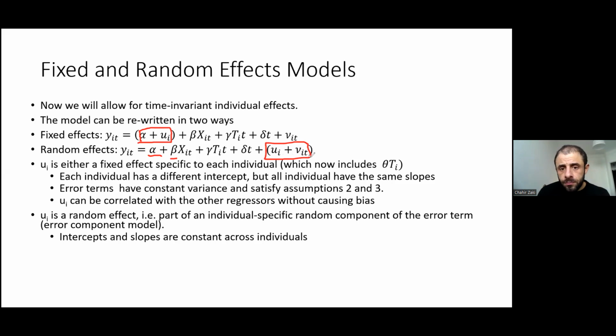Okay? So in this case, this u_i, or this individual effect that is observed over time, in the fixed effects model, is part of the intercept, but in the random effects model, it's part of the error term.